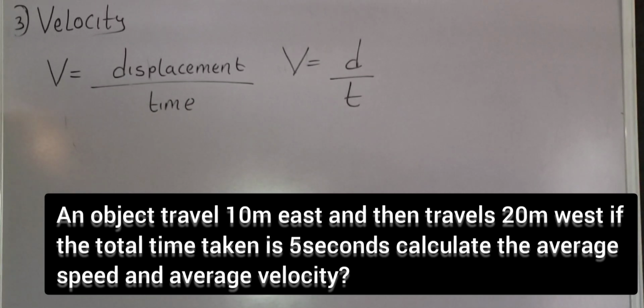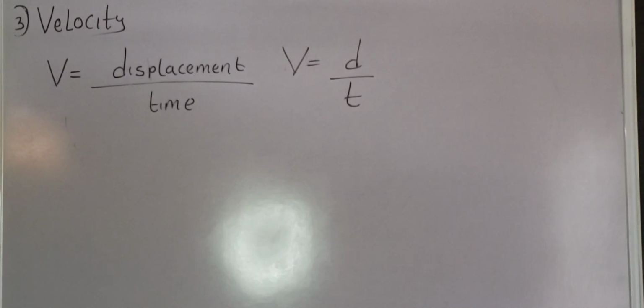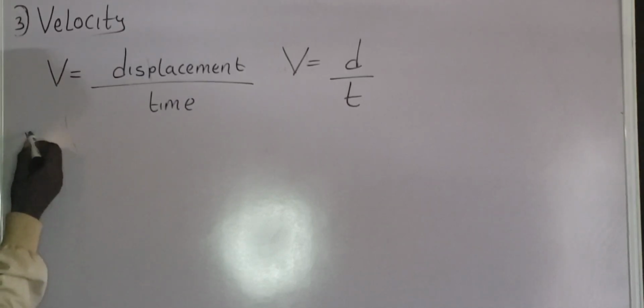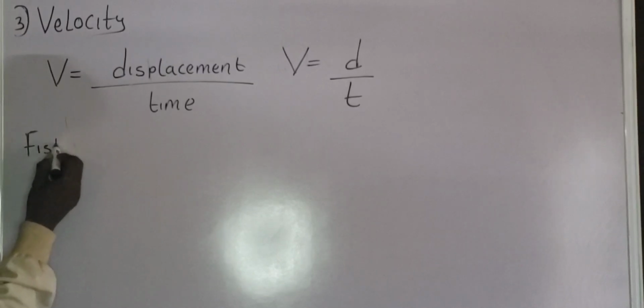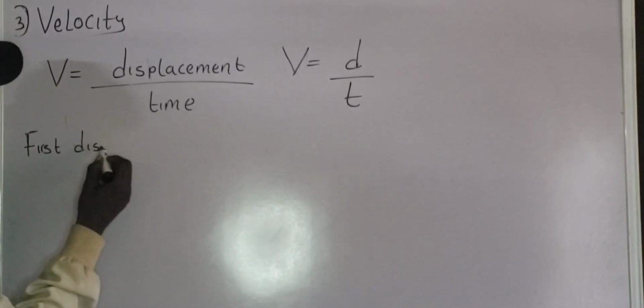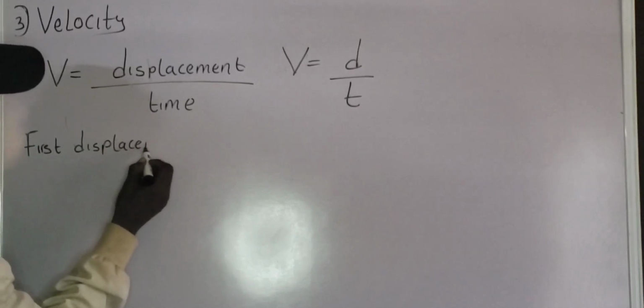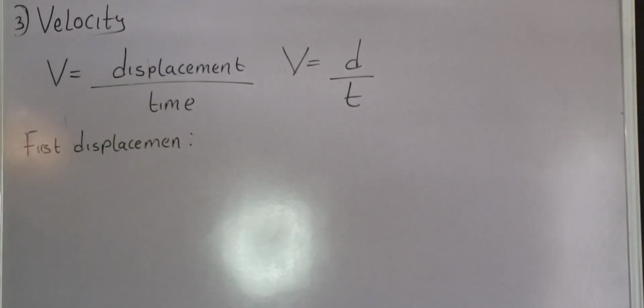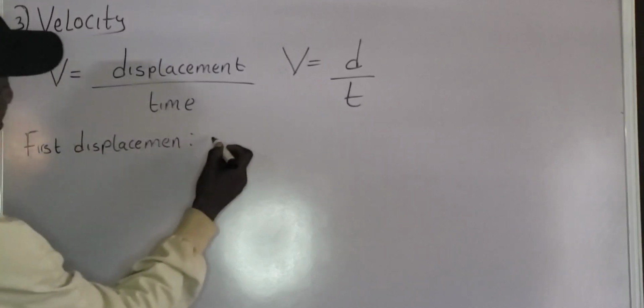Let's start by listing the parameters that we are given in the question. The first part of the trip was that the object traveled 10 meters east. So we have the first displacement, F-I-R-S-T, first displacement. The first displacement is 10 meters east.